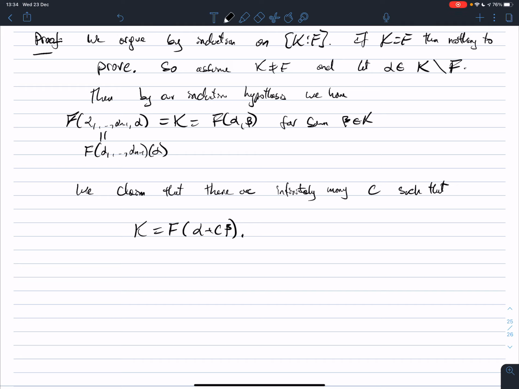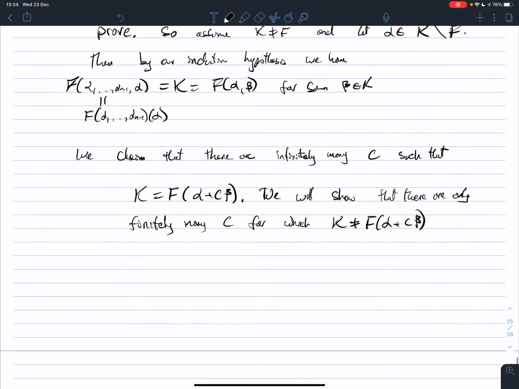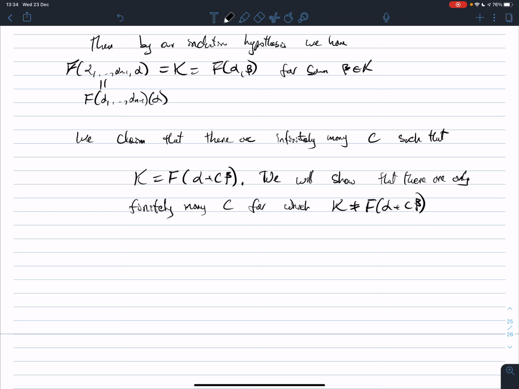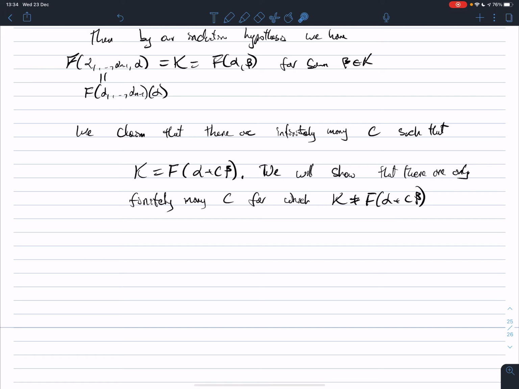I'm going to prove this by showing that there are only finitely many C for which K is not F of alpha plus C beta. So there's only finitely many C's that don't work. So let's assume this is the case, and let's think about how many conjugates the element alpha plus C beta has.